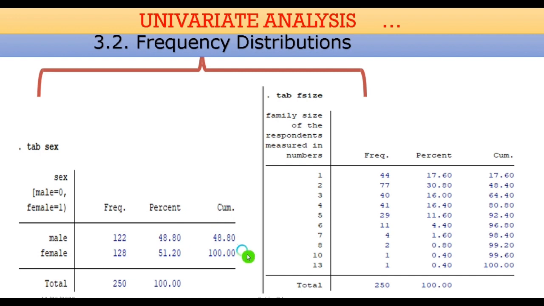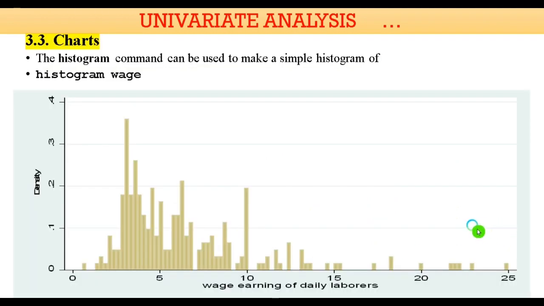This is again the accumulation of this percentage, the cumulative percentage. Second example in terms of a table, a table of family size. For each family size, those are the number or size of family of the respondents. This is the frequency, again the percentage, and then the cumulative percentage is there.